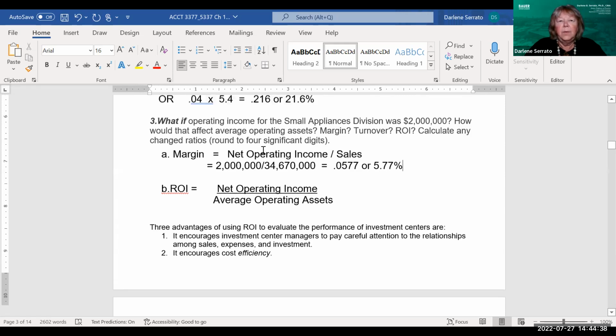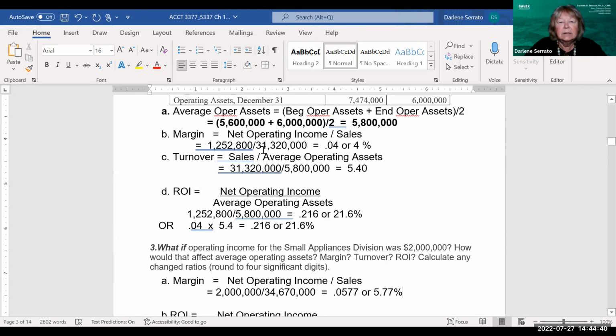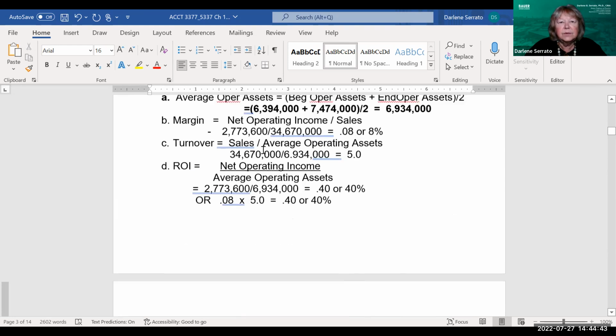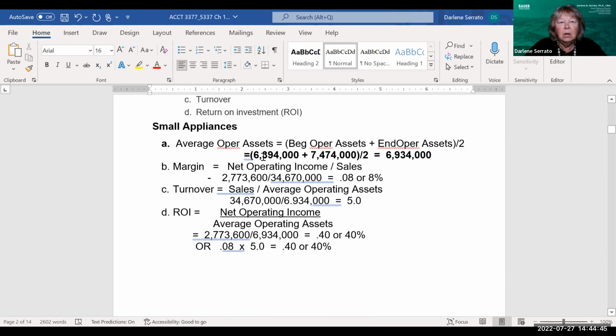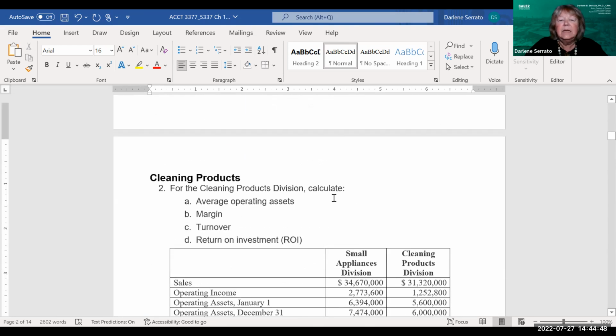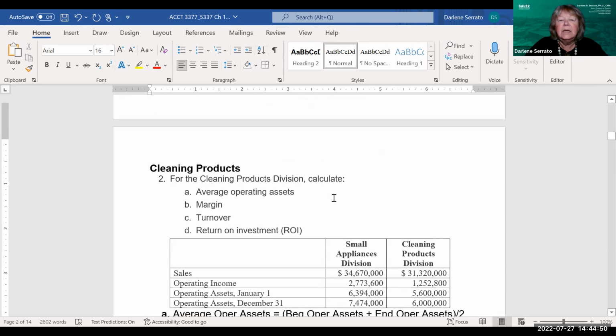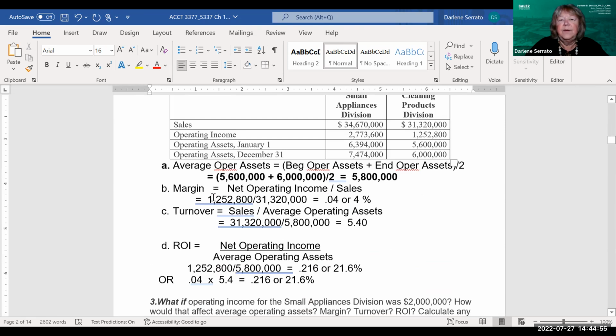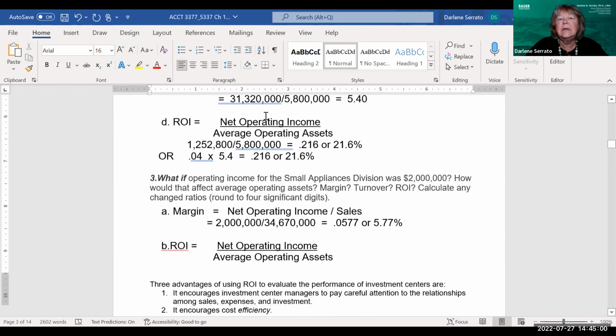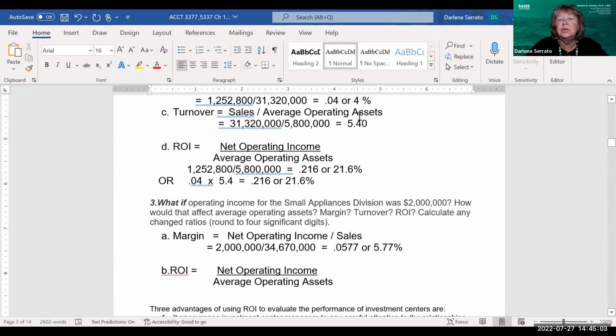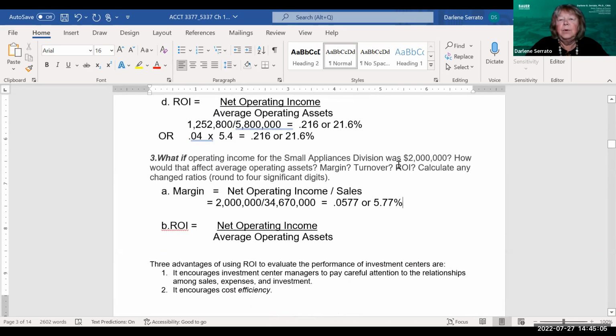Okay, so margin was for small 8%. So since income went down, margin went down. How would it have affected turnover? Turnover does not include income. It has no effect on turnover. How would it affect ROI? ROI will probably end up going down.